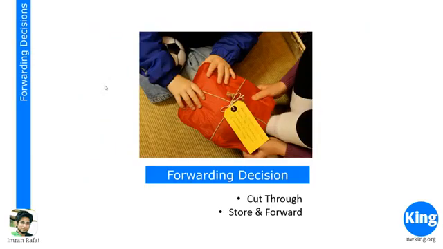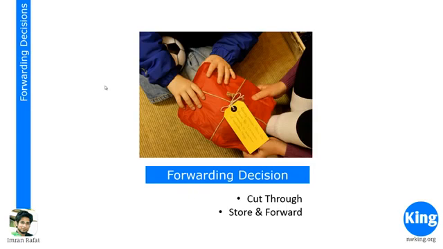Now, we spoke about forwarding decisions, so let's look at it a little more. There are 2 types of forwarding decisions that a layer 2 switch makes. It can use cut-through switching, or it can use store and forward switching. What's the difference between these? Let's assume one device wants to communicate with another device. It says, this is my destination MAC address, this is my source MAC address, and all the other information that follows, right?